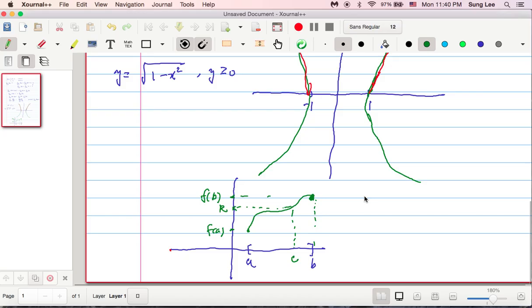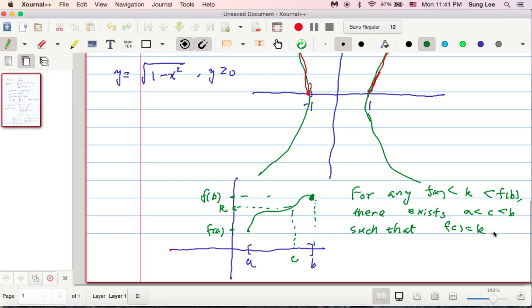So f of x takes on any value between these two, which means the following: for any number k between f of a and f of b, where the assumption is f of a is smaller than f of b, there exists some number c between a and b such that f of c equals k.